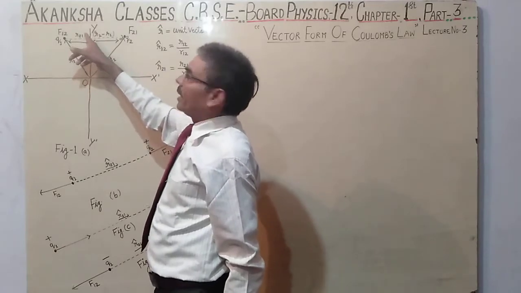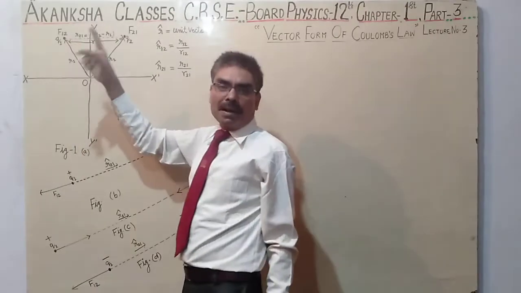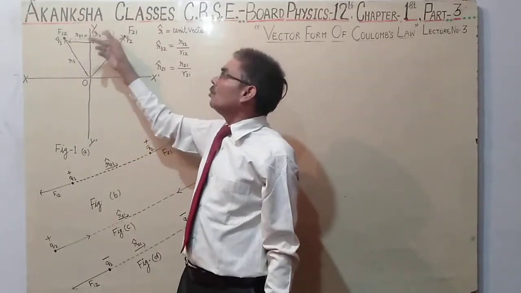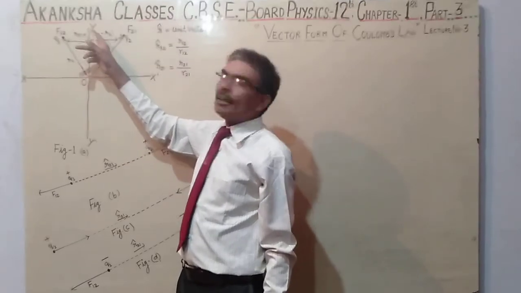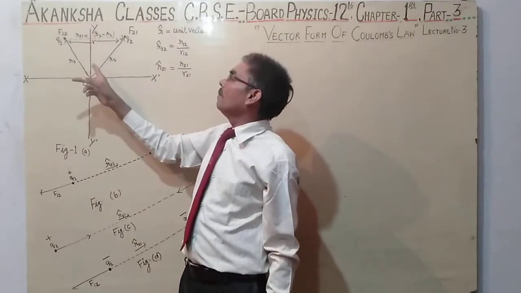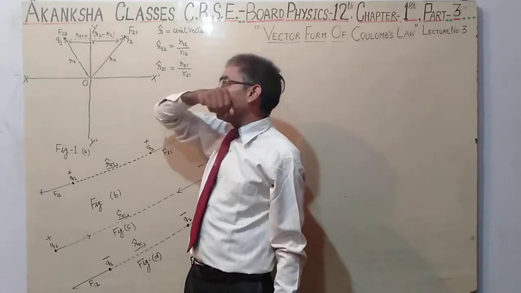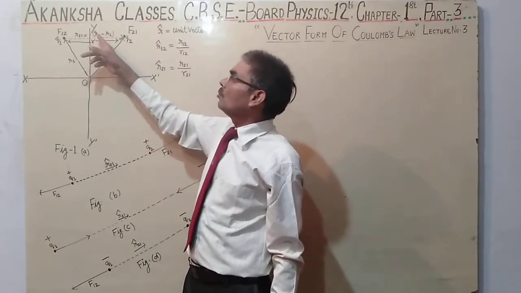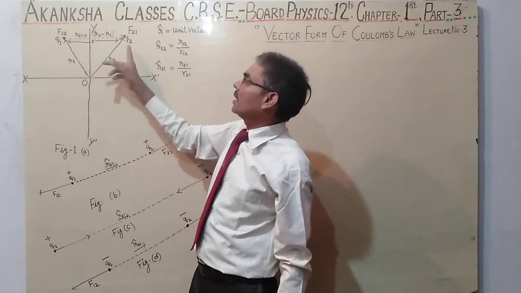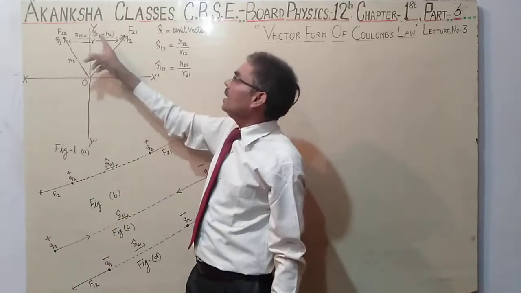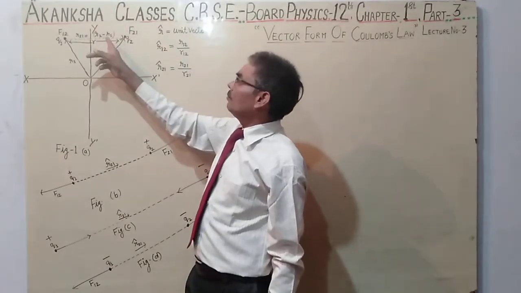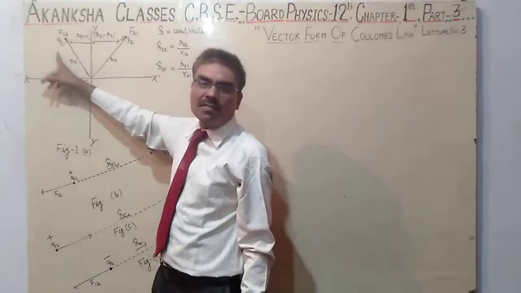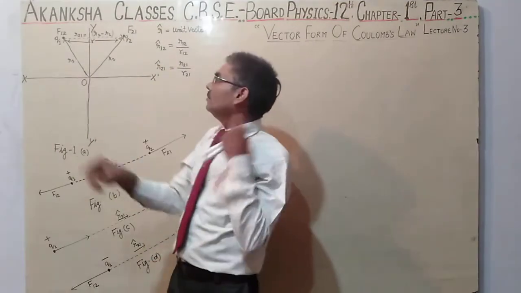That can be calculated by applying the vector rule, that will be equal to the difference of both position vectors, vector 2 minus vector 1. Here vector 2 means the position vector of charge 2 and R1 means the position vector of charge 1.